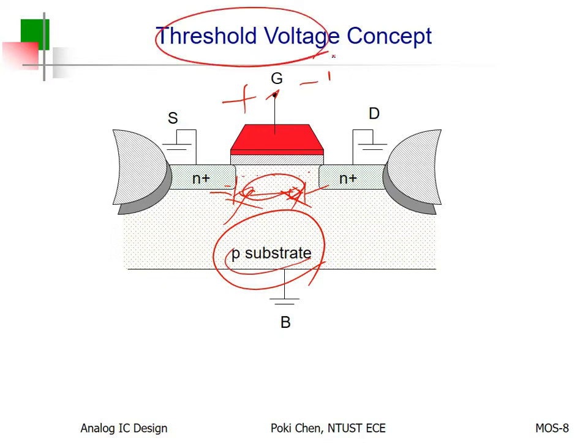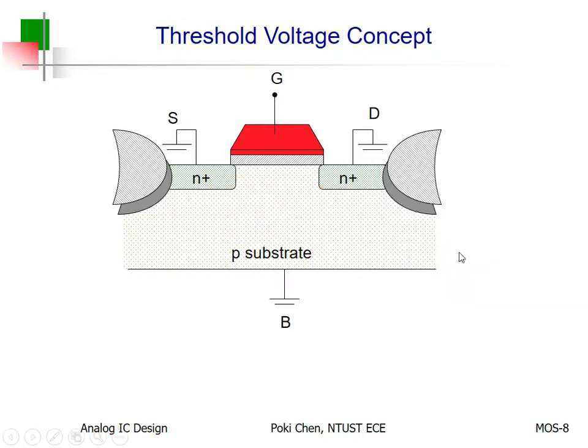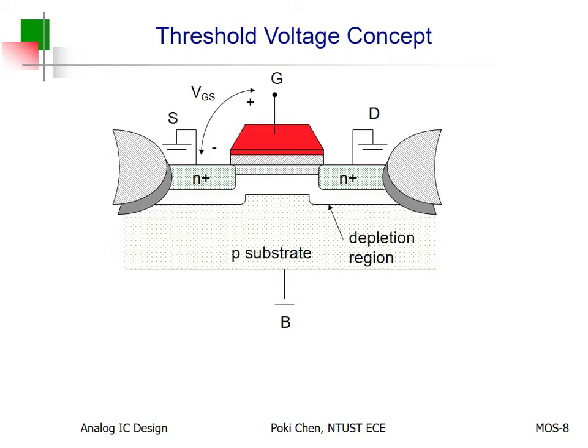Okay. And after that, you can attract more free electrons. Anyhow, if the voltage here is larger than VTH, then the higher above VTH, the more free electrons you can attract to line up beneath the gate oxide.